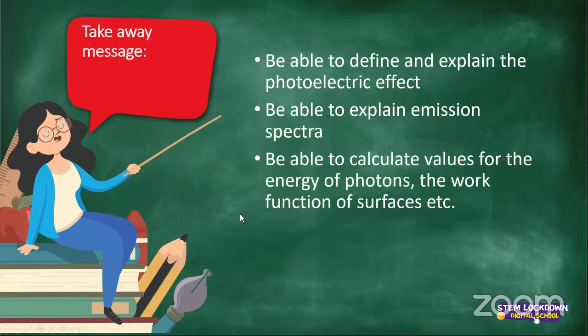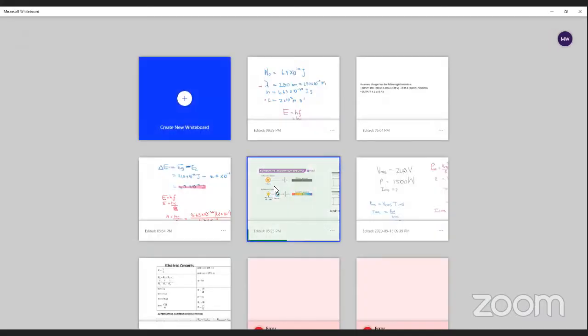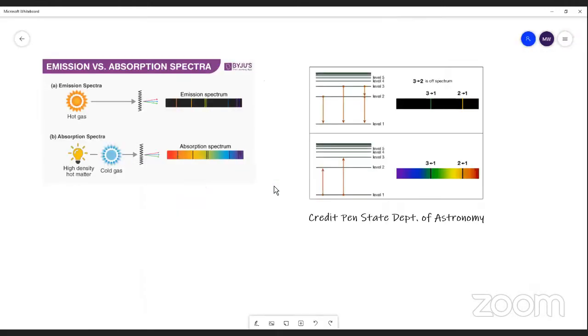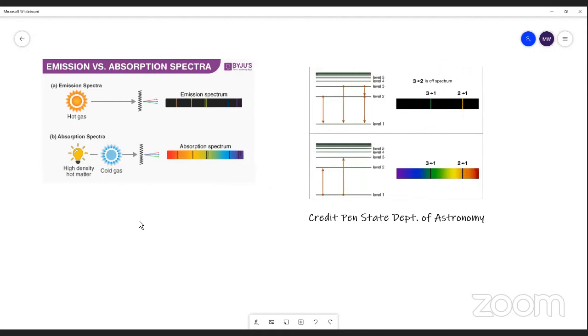So there's an example, but before I show you an example, I quickly want to go back and show you another picture. I just want to show you what an emission spectrum looks like. You get an emission spectrum, which is the one that I just explained, and then you get an absorption spectrum.